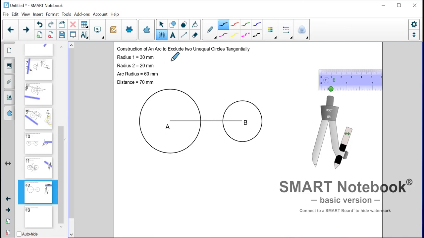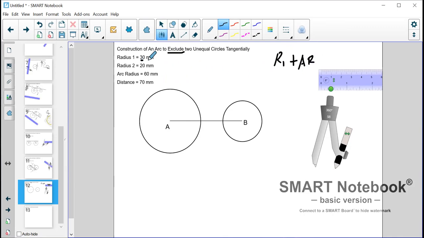For this construction, where the arc must exclude, we need to add. First of all, we add radius 1 plus the arc radius.